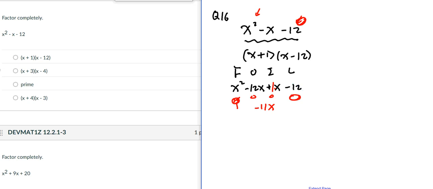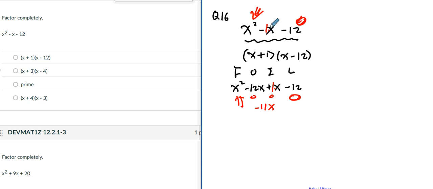And then this one is the same as well. But the only difference is the middle term: here is negative 11x, here is what?